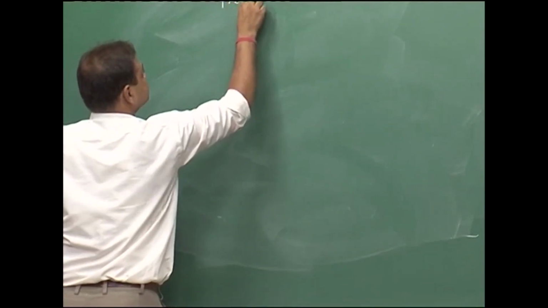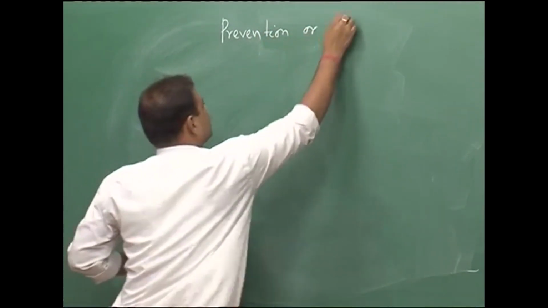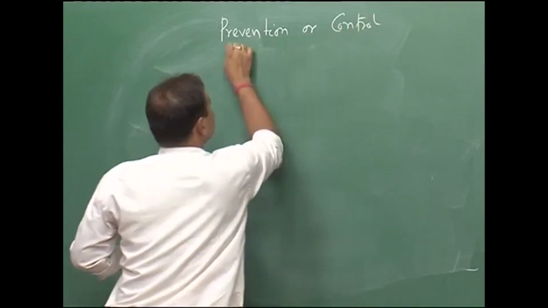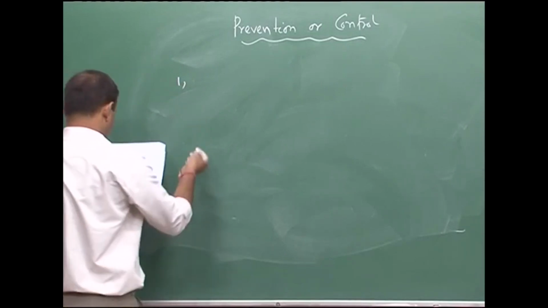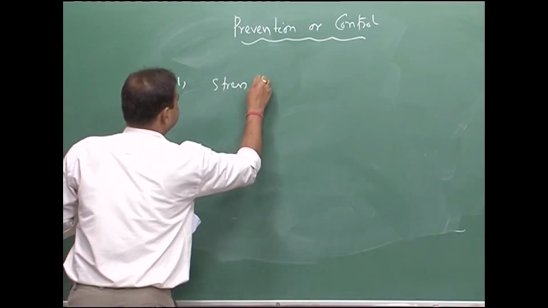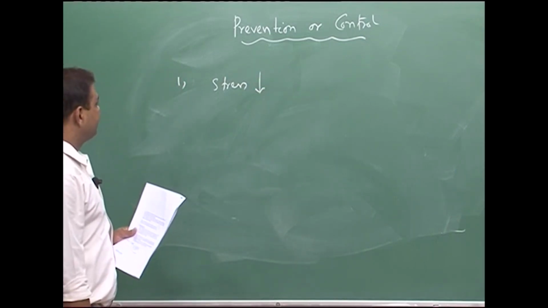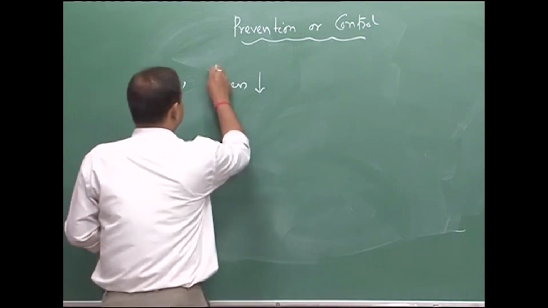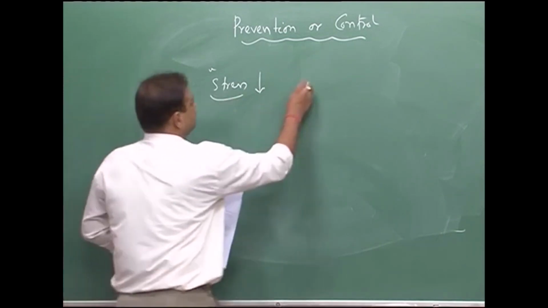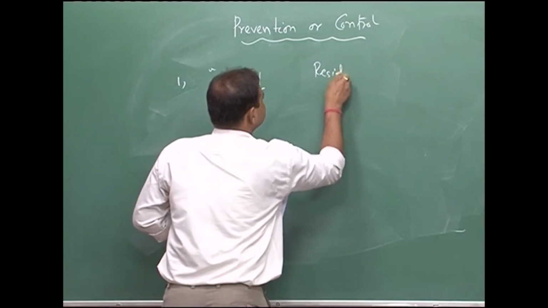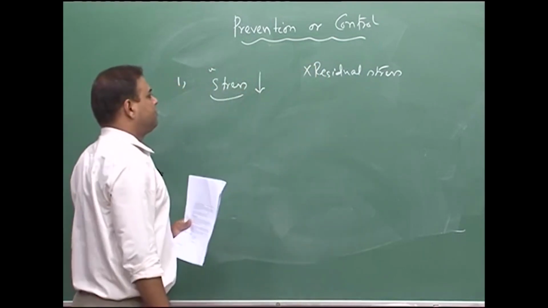Now, let us come to the prevention mechanism or control. One is stress: if it can be lowered or decreased on the component, then you can get rid of residual stress by low temperature annealing.